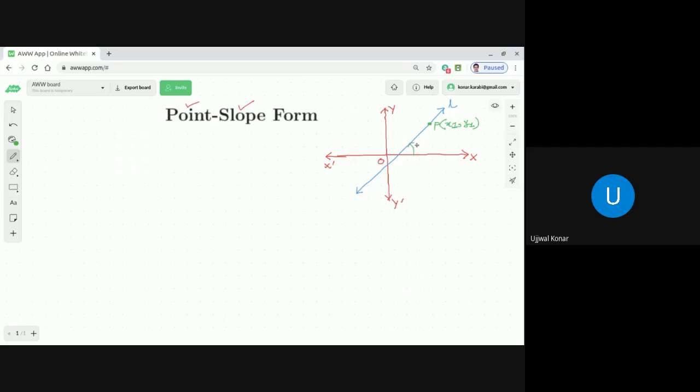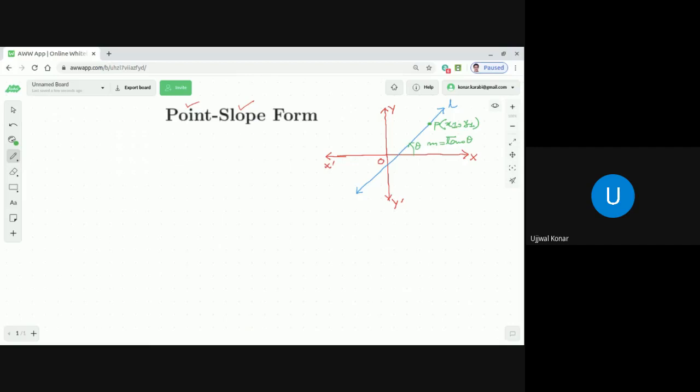That means if theta is the angle made by the straight line with the positive direction of the x-axis, then m is equal to tan theta, and that is given to us. If both pieces of information are given, that is the point P(x1, y1) and the slope of that straight line, then we can find the equation of the straight line uniquely.